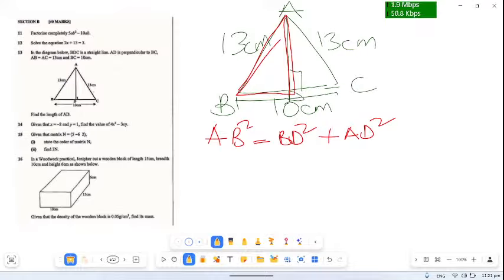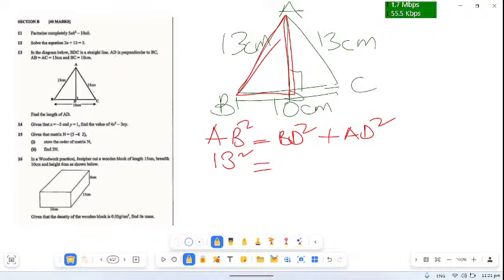So let's look at AB squared. We are given that it is 13. Let's forget about units first as we are solving. So we just say 13 squared is equal to BD squared. BD we don't know. However, we are given the length of BC.